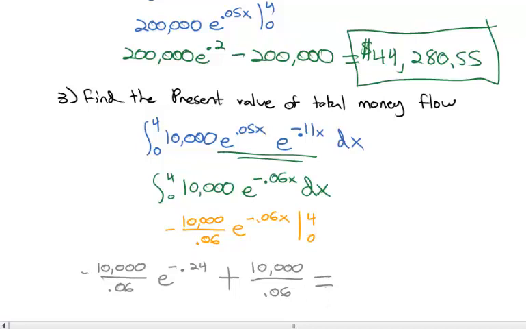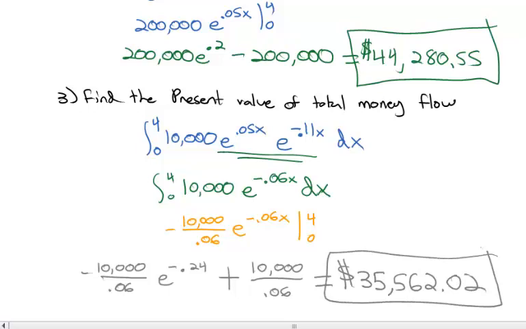And so we can type this into our calculator. Negative 10,000 divided by 0.06 times e to the negative 0.24 plus 10,000 divided by 0.06. And the present value of this money is $35,562.02.